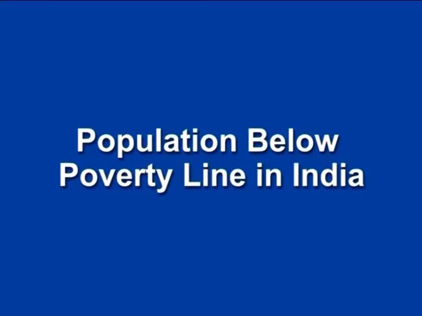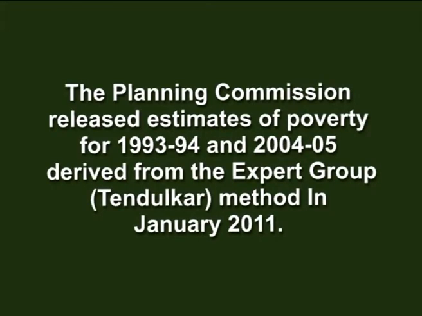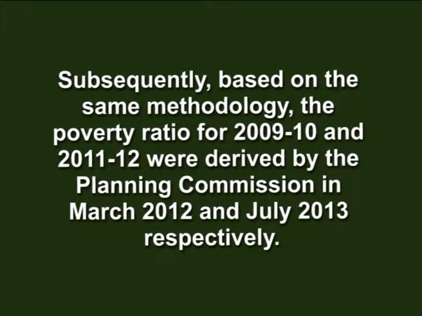Let's have a look at the population below poverty line in India. The Planning Commission released estimates of poverty for 1993-94 and 2004-05 derived from the expert group Tendulkar method in January 2011. Subsequently, based on the same methodology, the poverty ratio for 2009-10 and 2011-12 were derived by the Planning Commission in March 2012 and July 2013 respectively.